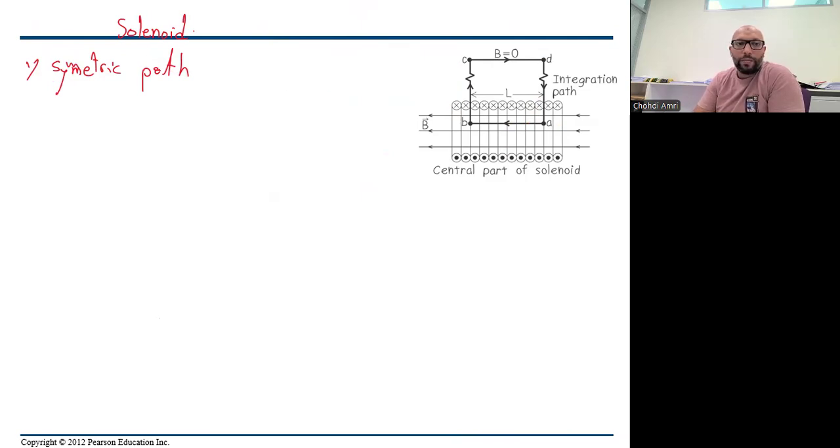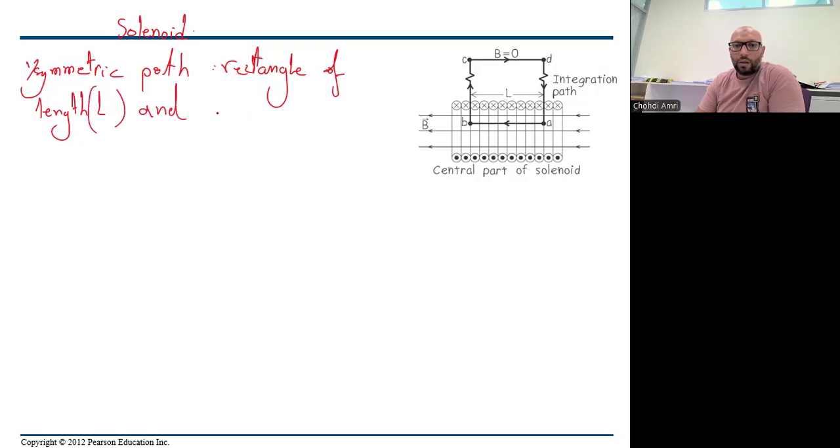What will be the symmetric path? As I said, it's a rectangle of length L and width W. Okay, done.